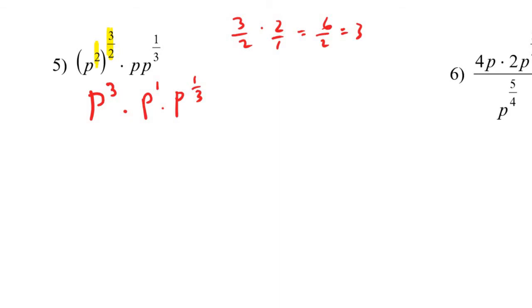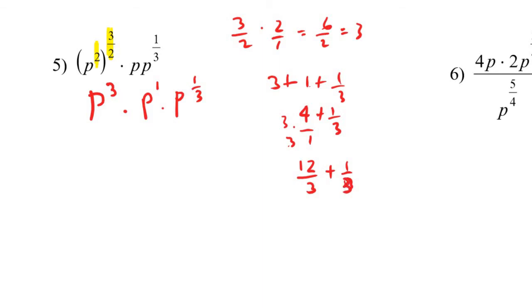So it will be 3 plus 1 plus 1/3. All right, that's 4 plus 1/3. And put 1 there, multiply by 3. That's 12. It's going to be 12 over 3. So basically, it's just dealing with fractions. 12 over 3 plus 1/3.